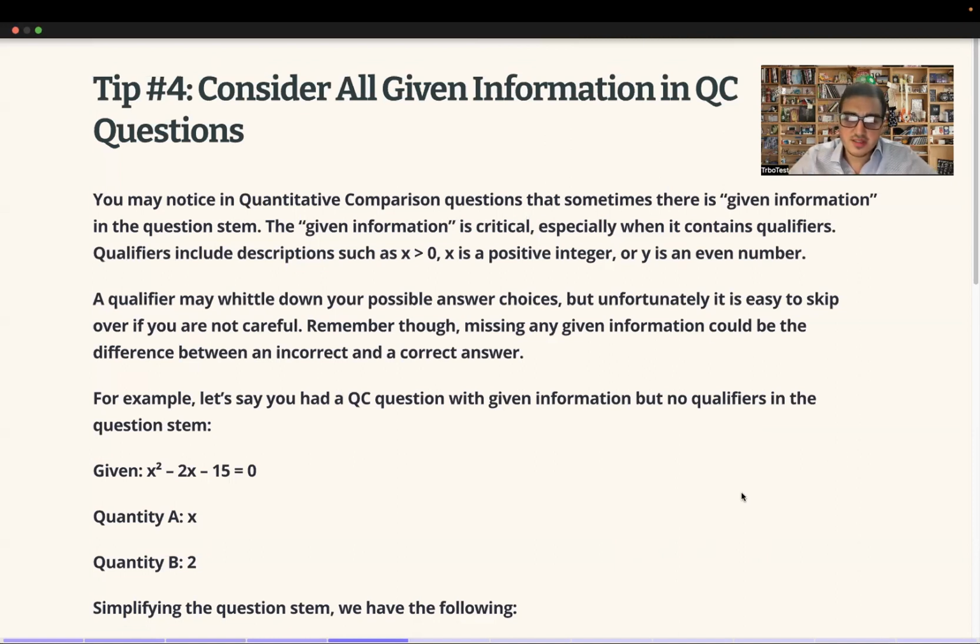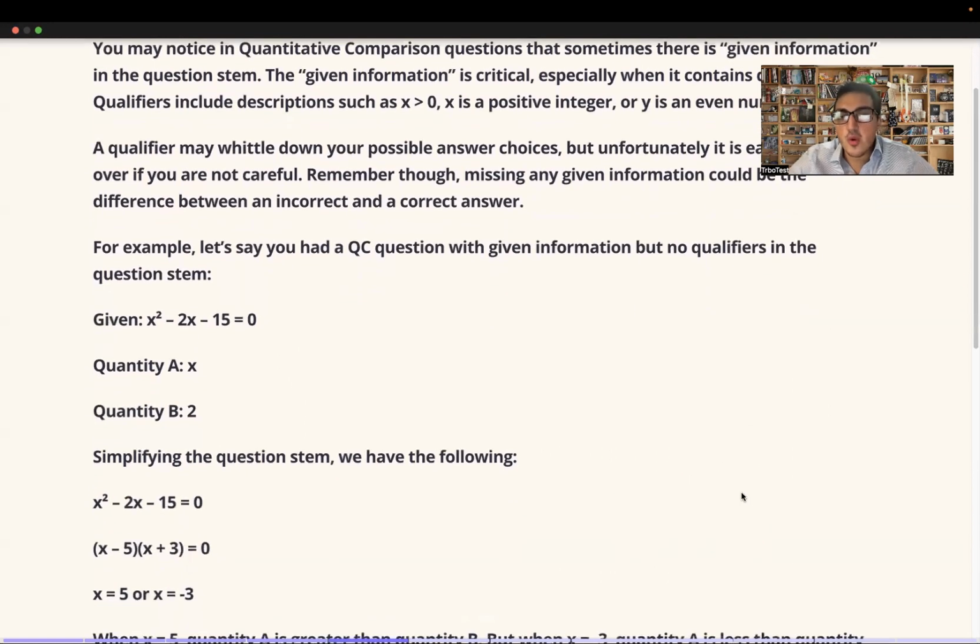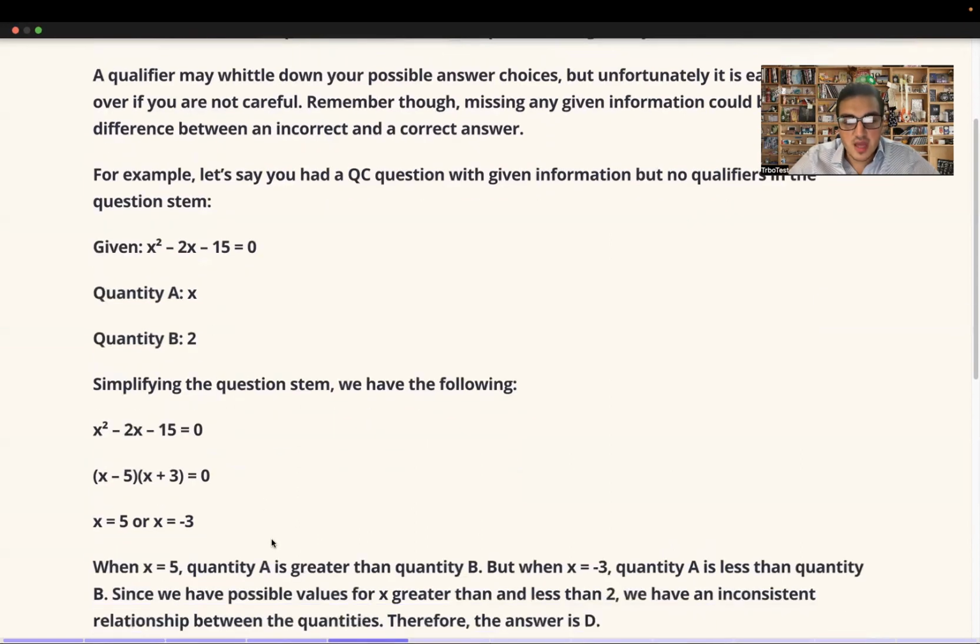So let's take a look at an example. Let's say you had a QC question with the information but no qualifiers. The question stem is given as x squared minus 2x minus 15 equals 0. Quantity A is x and quantity B is 2. Simplifying the question stem using FOIL, we will have x equals 5 and x equals negative 3.